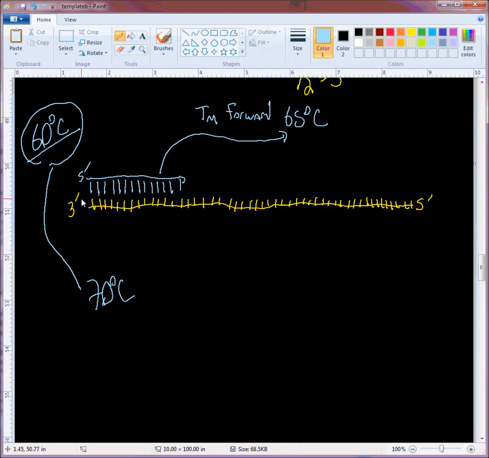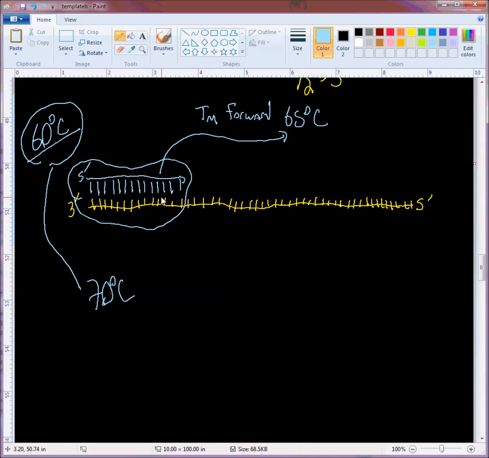How much of our primer would we expect to bind to this site, given that the TM is 65 degrees Celsius? Would more than half of the primer bind, or less than half?